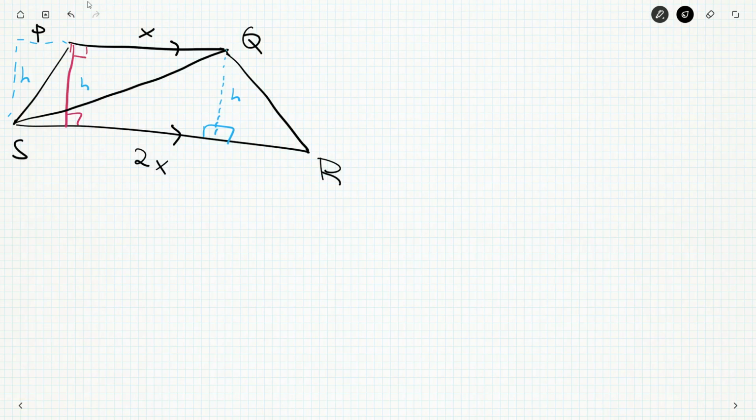We understand that relationship. So PQS has a base of x and a height of h. So the area of PQS is 1/2 x times h.